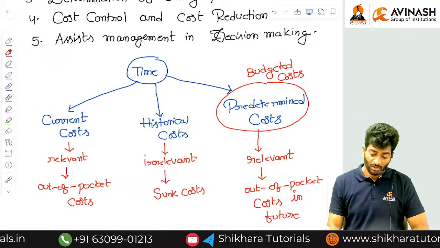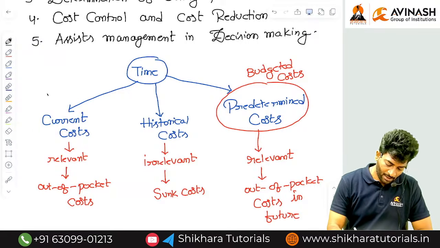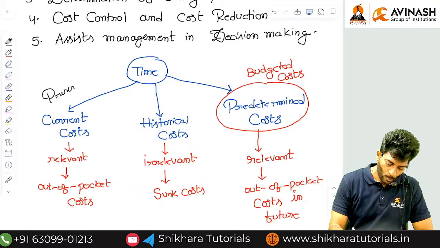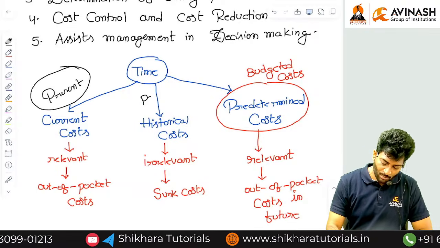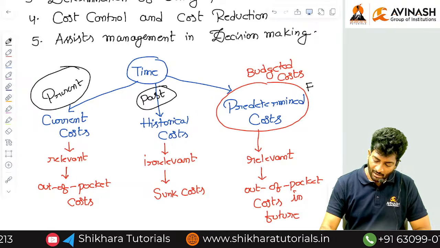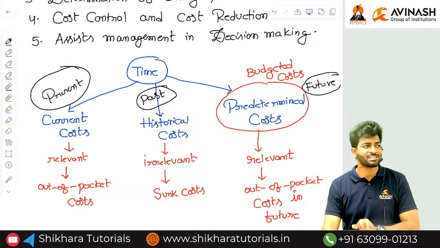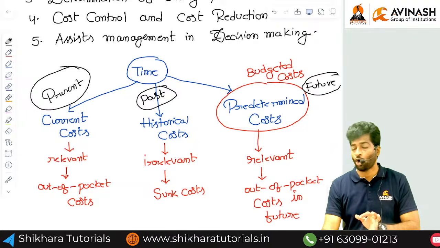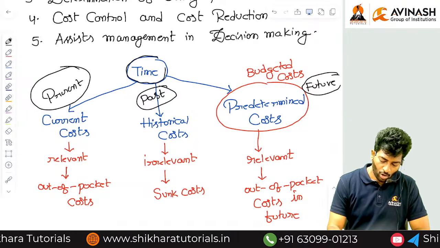Is it clear? Now look at these three. Current cost is nothing but present cost, historical is nothing but past, and predetermined is nothing but future. You can see present, past, future based on time or based on period.